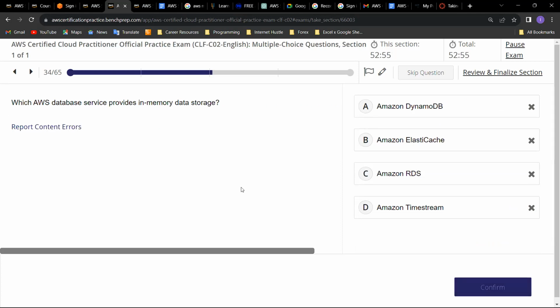All right. Which AWS database service provides in-memory data storage? So we are looking at a database service.